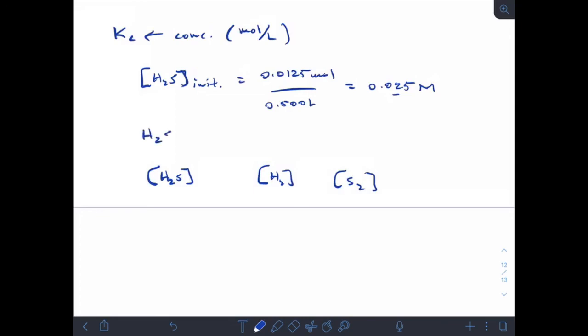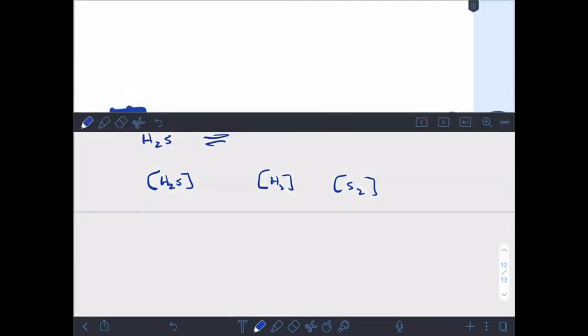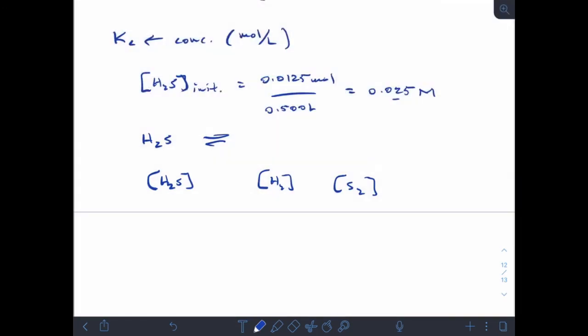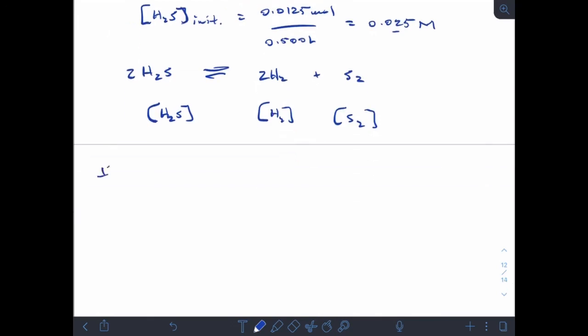Let's go ahead and write our equation here. And this should be 2H2S. Okay, so our initial line, we have 0.0250, and none of the H2 and none of the S2.